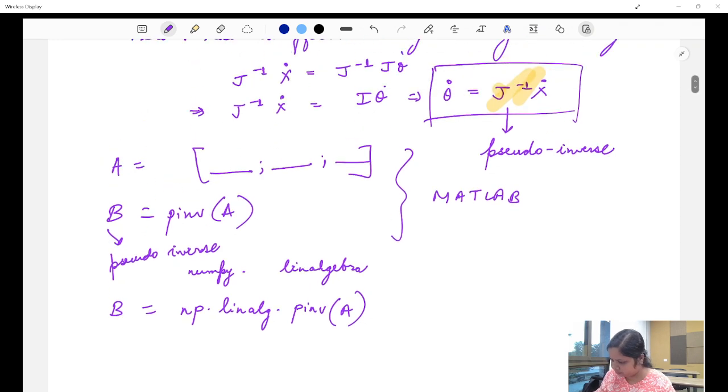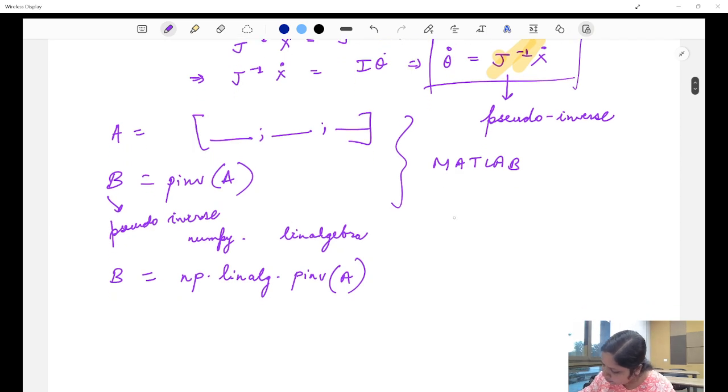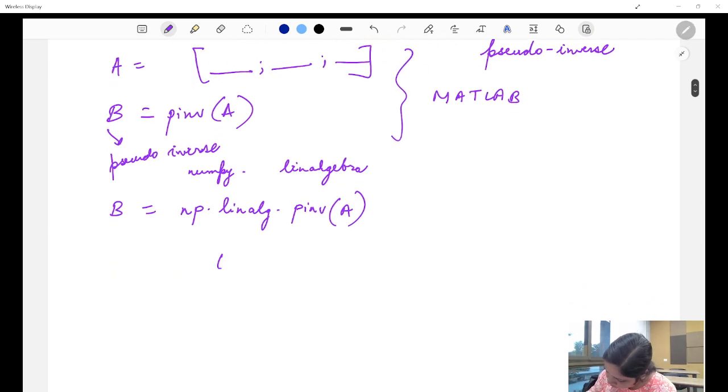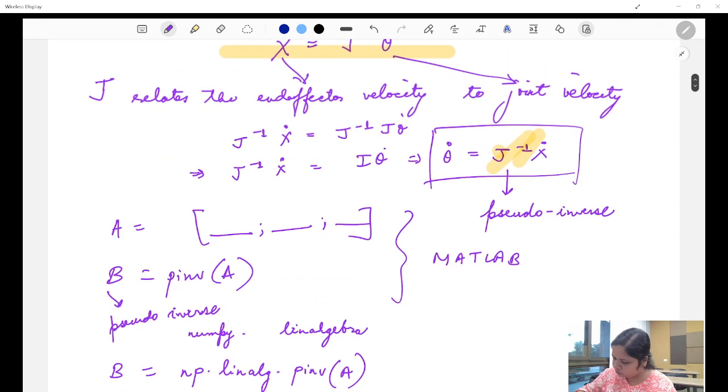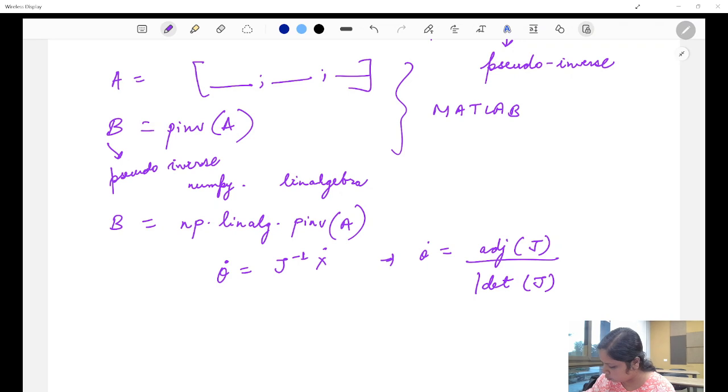So we can take the pseudo inverse, but obviously if you write theta dot is equal to J inverse x dot, that means theta dot is equal to J inverse, which is calculated by adjoint of J upon determinant of J, or I would not write it in this way, I'll just write determinant of J into x dot.